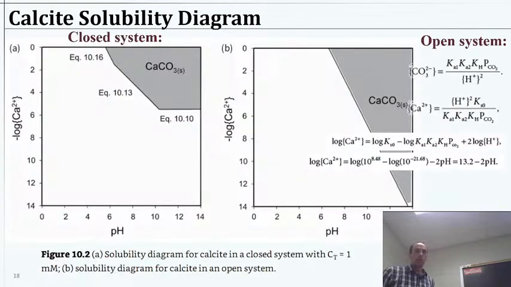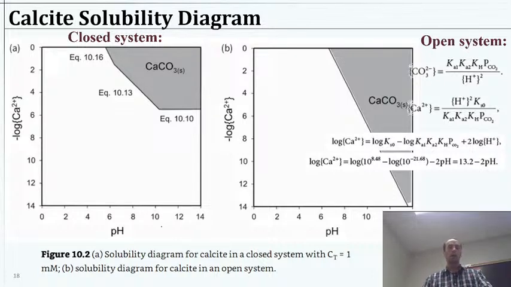Okay, so we talked about the more complicated diagrams. They can be a little simpler, and so we'll probably come back and take a look at these when we cover the carbonate system in a little more detail. But just to show you real quick a bit of a preview and to connect that same concept, we can have different equations mapping out different sectors of a diagram to figure out under what conditions do we have solubility.